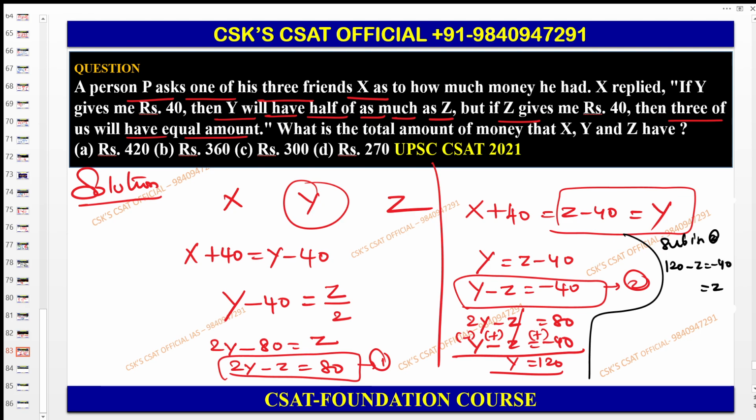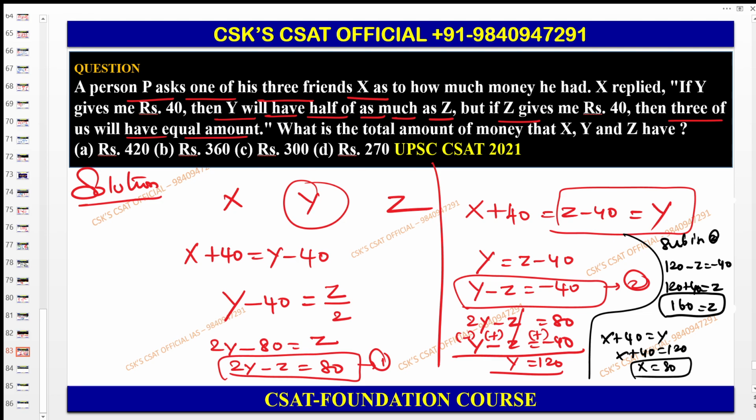Then z is equal to, bring this minus 40 towards the LHS, then 120 plus 40. Then z is equal to 160. You know the value of z. Now you can substitute anywhere. You know x plus 40 is equal to y. So x plus 40 is equal to 120. Then x is equal to 120 minus 40, which will become 80.